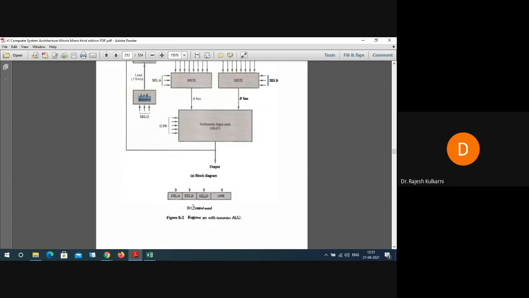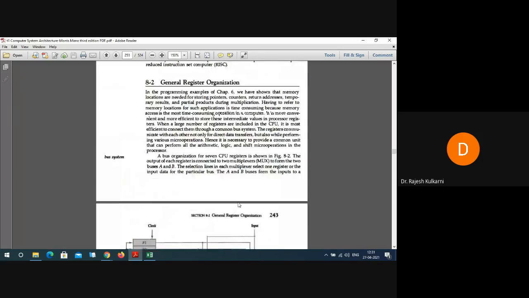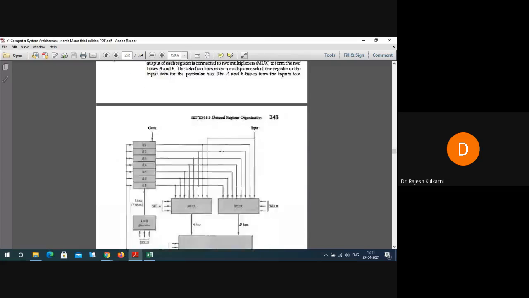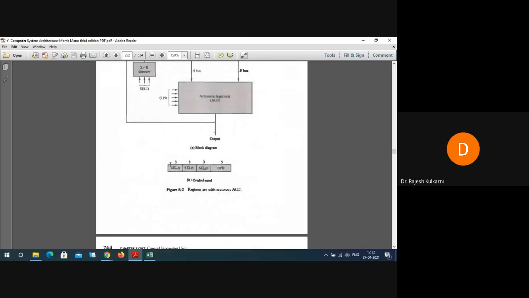Now, we said that this operation will be controlled by the control unit, coordinated by the control unit. Okay. So that coordination of the control unit will be with the help of 14 bits. Multiplexer A 3 bits, multiplexer B 3 bits, decoder D 3 bits, operation 5 bits.